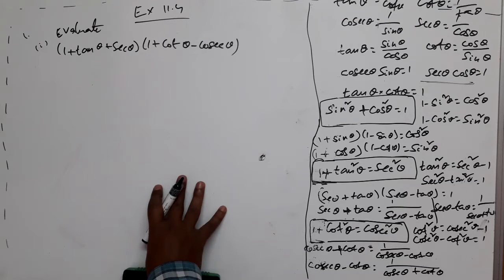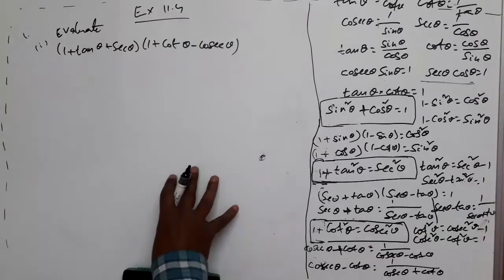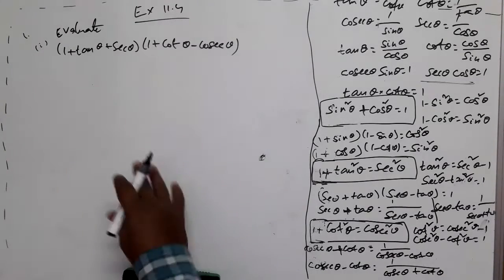for all the six trigonometric ratios, we know the values for specific angles: 0 degrees, 30 degrees, 45 degrees, 60 degrees, 90 degrees, right? Sine 0 degrees you know, sine 30, 45, 60, 90 degrees you know. In the same way, you know all the values for cos, tan, cosecant. You substitute any value.